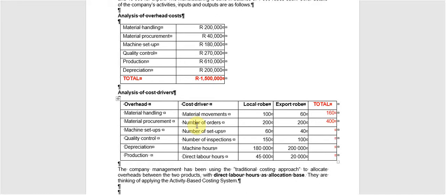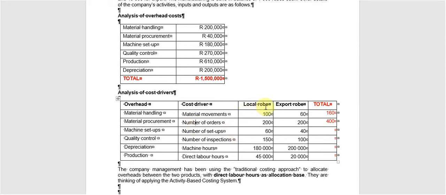A brand new machine is worth more than a machine that has produced 100 or 200 units. And so if the depreciation is for machinery, then of course the machine hours is a cost driver, because the more the machines work, the more you will have to depreciate them and the less they will be worth. And then, of course, production is the direct labor hours. That was the cost driver there.